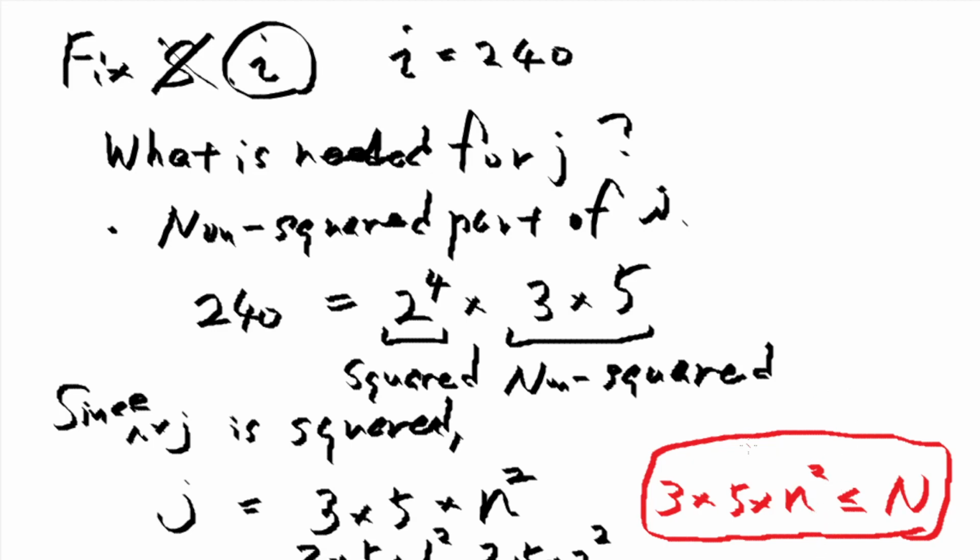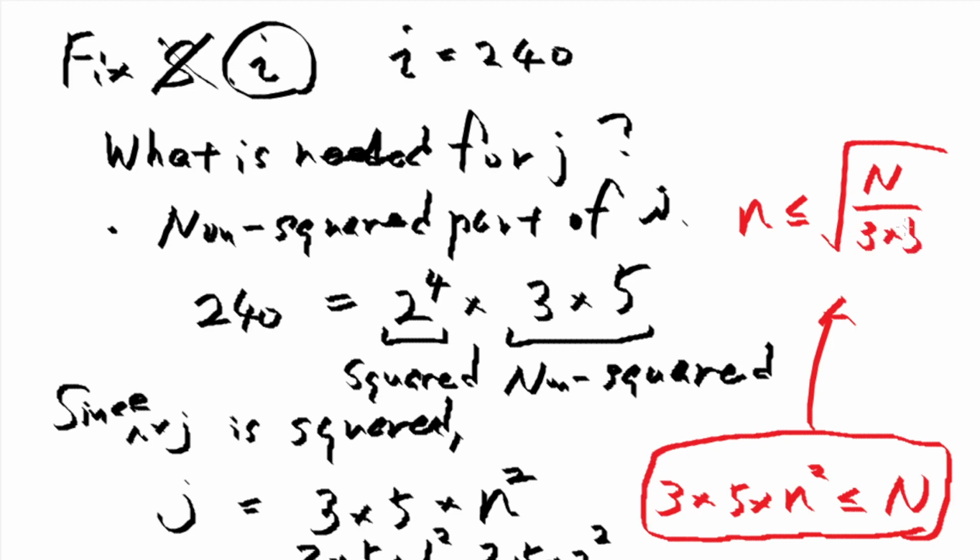Therefore, k is at most the square root of n over 3 times 5.